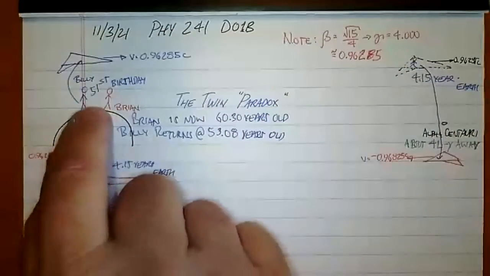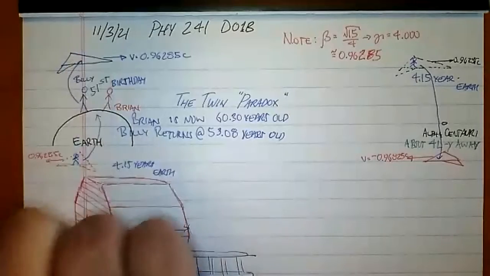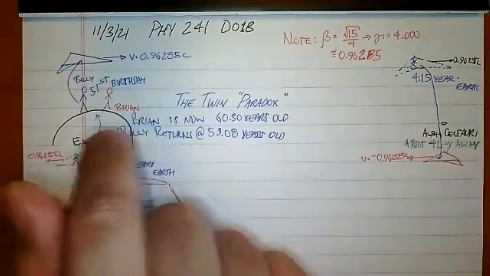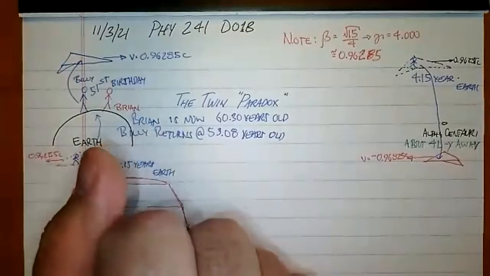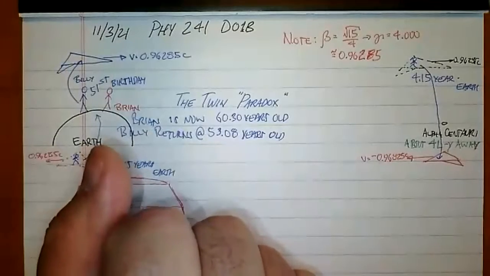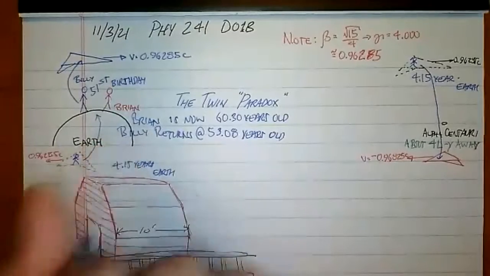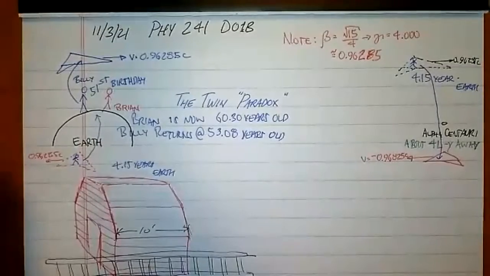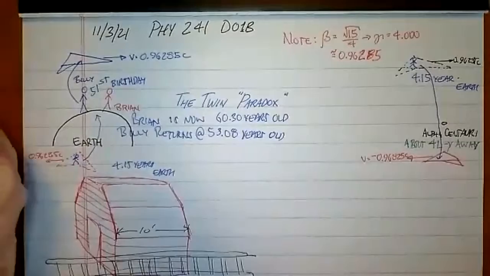And that I, in fact, just stood here sitting still on this aircraft after teleporting from Earth. Therefore, he wants to claim that he's 53.08 years old and I'm 60.30 years old. That's the paradox.